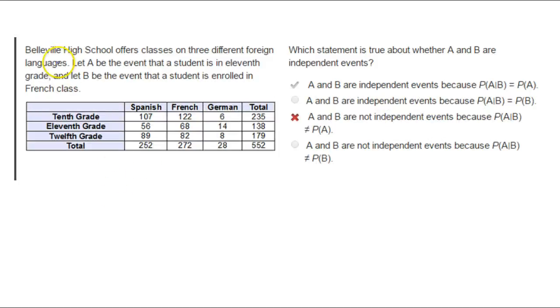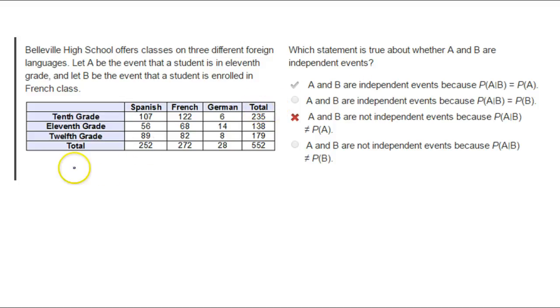Belleville High School offers classes on 3 different foreign languages. Let A be the event that a student is in the 11th grade. B is the event that a student is enrolled in French class. Which statement is true about whether A and B are independent? This question is just like the question that I did 2 questions ago.